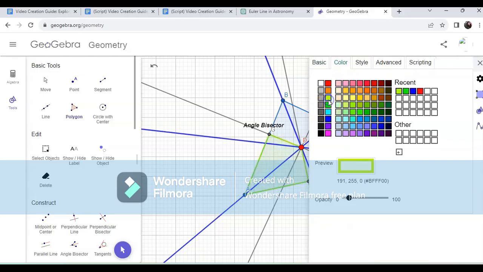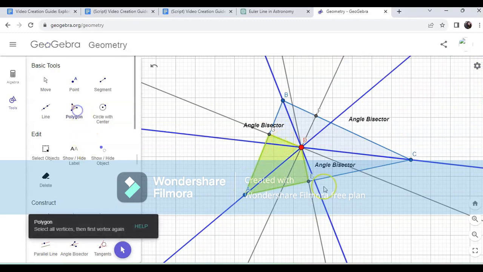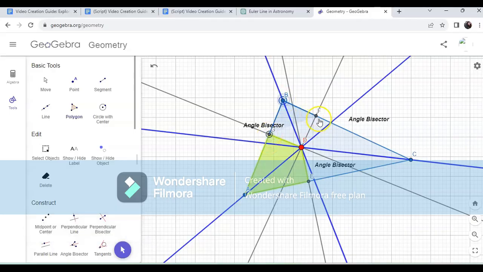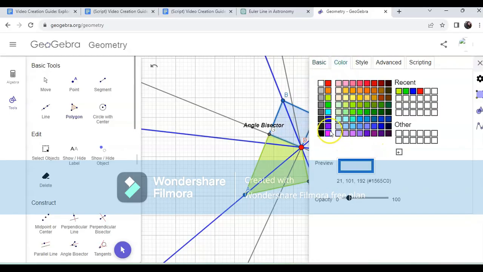And for our second pair, we're going to have a purple pair. So polygon, and then the quadrilateral, we have G, B, F, D. This quadrilateral has a pair of congruent triangles, so we are going to color this one purple.